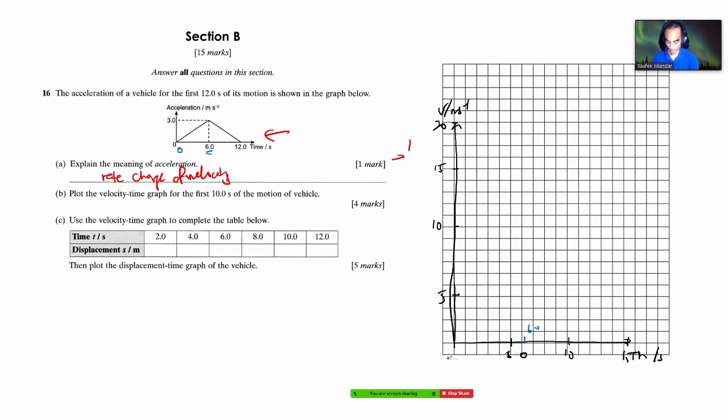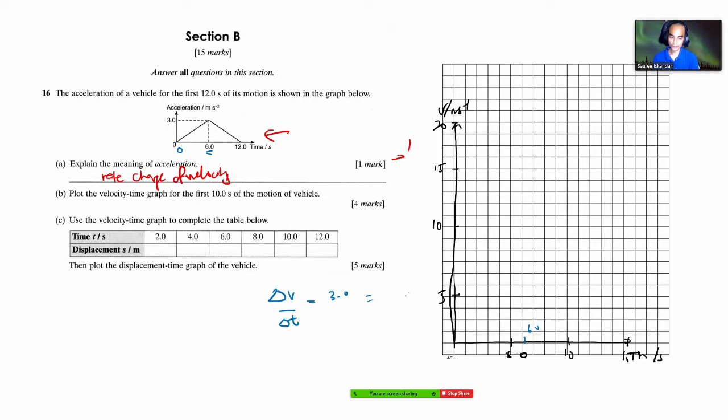So you have 9. How to get 3? From 0 to 3, acceleration is 3. So velocity will be the change of velocity over the change of time, 6 times 3 over 2, so it will be 6.0.